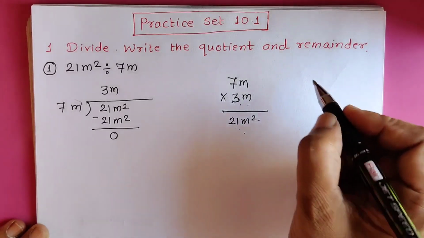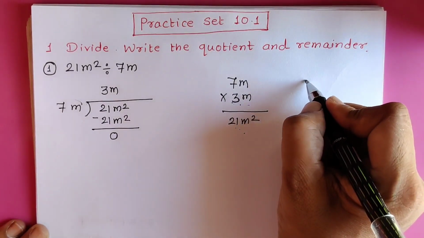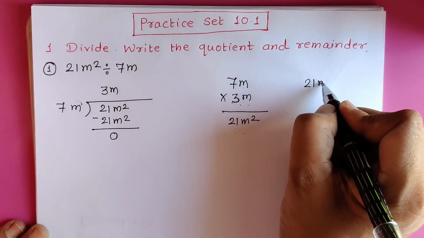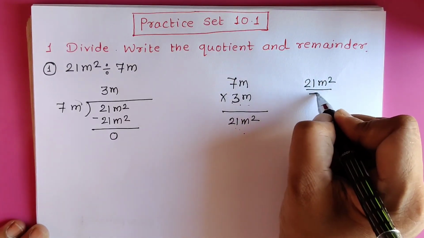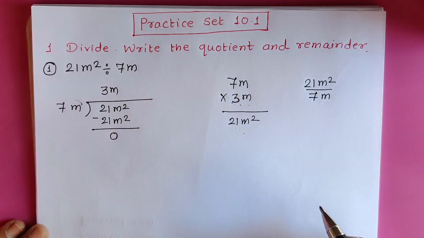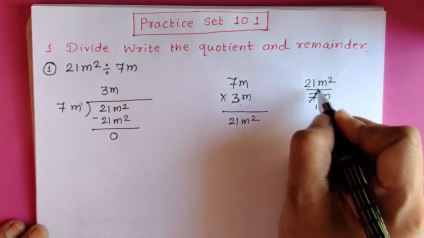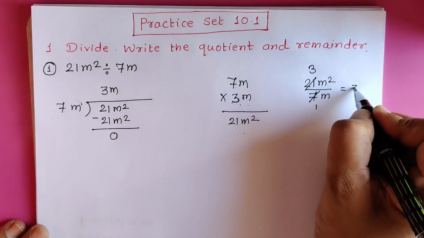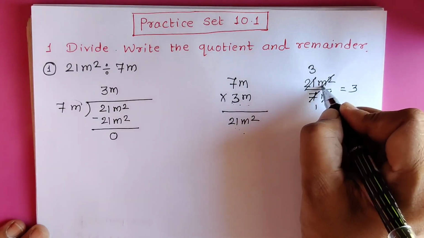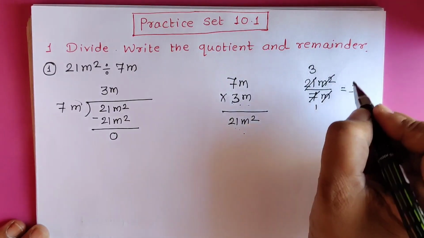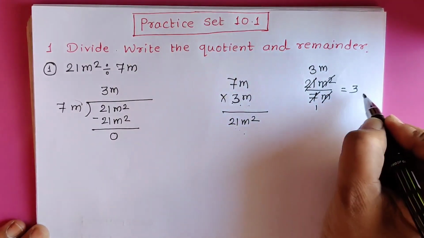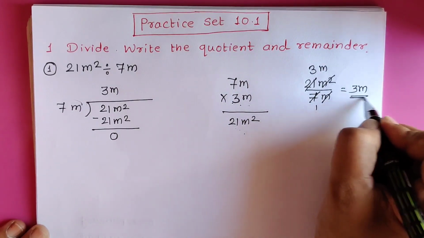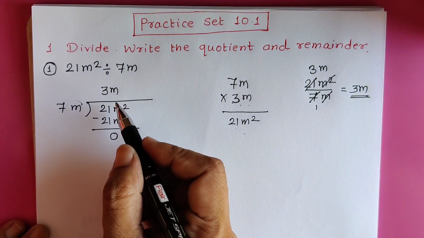There is one more method how to find out the quotient. We have to divide this 21m square by 7m and we can get the quotient. 7 1s are 7, 7 3s are 21, we get 3. Then m and m square can be cancelled by m and we get m here, and this 3m can be written as is in the quotient.